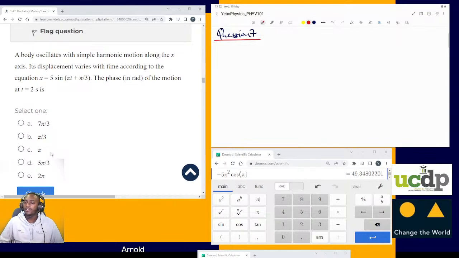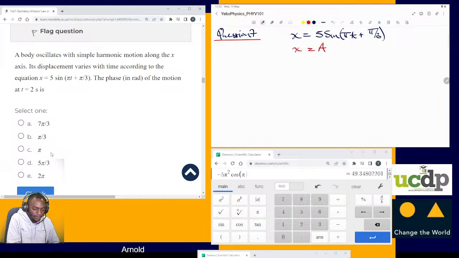Then we are expected to calculate the phase of the motion. Right, so let's write down the equation given. x is equal to 5 sine pi t plus pi over 3. And we've said that this is similar to x equals a sine omega t plus pi over 3.